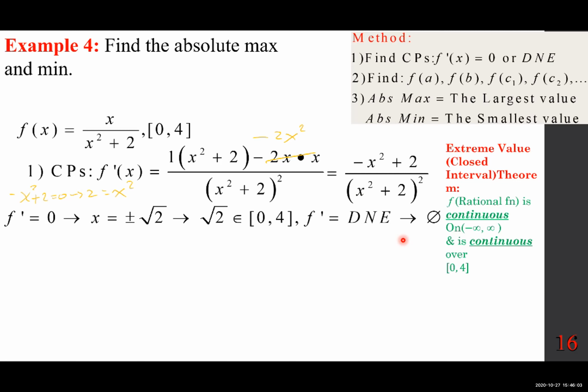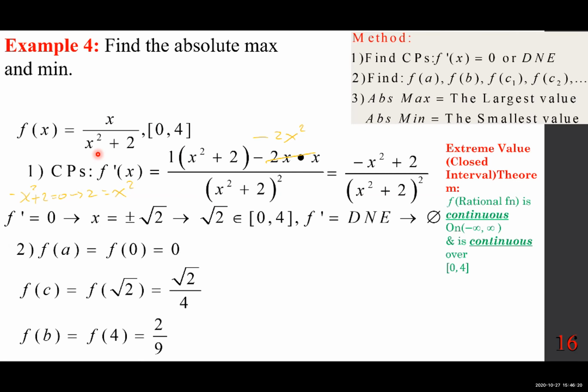What comes next? Plug in. If you plug in 0, you get 0. If you plug in 4, you get 4 over 16 plus 2, which is 4 over 18, or 2 over 9. If you plug in the square root of 2, the top is the square root of 2, and the bottom is 2 plus 2, 4. I'm assuming nobody has any problem plugging in. I hope you see that this is larger than this one.